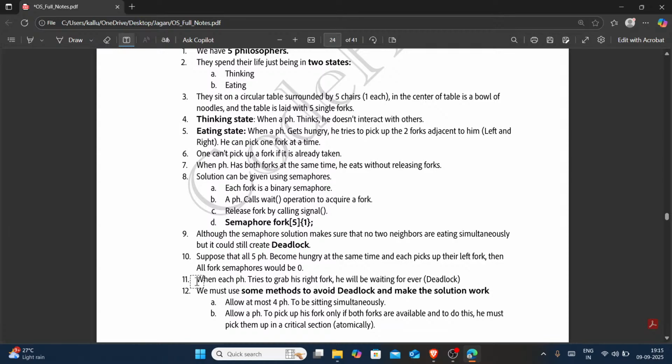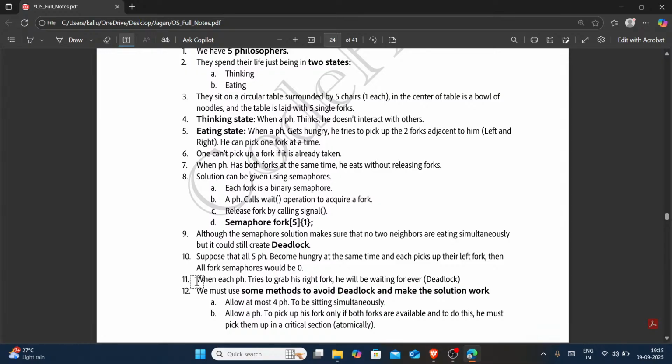Although the semaphore solution makes sure that no two neighbors are eating simultaneously, it could still create deadlock.